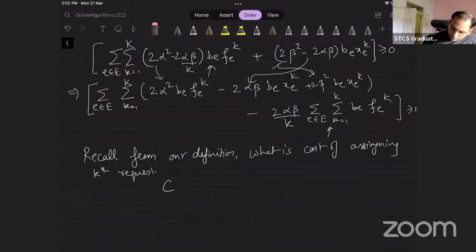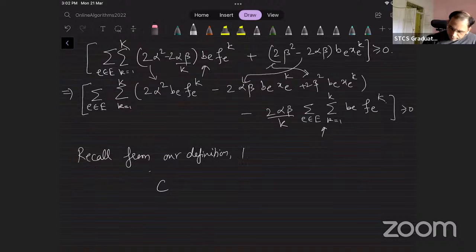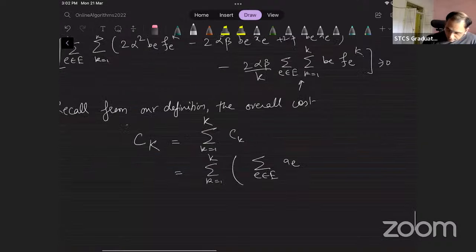I don't want the kth request, I want the overall cost, because that is what I want to compare against OPT. So capital C_K was the sum of little c_k, k going from 1 to capital K, e in E. Hopefully you can at least remember this. It's very important that you remember this.